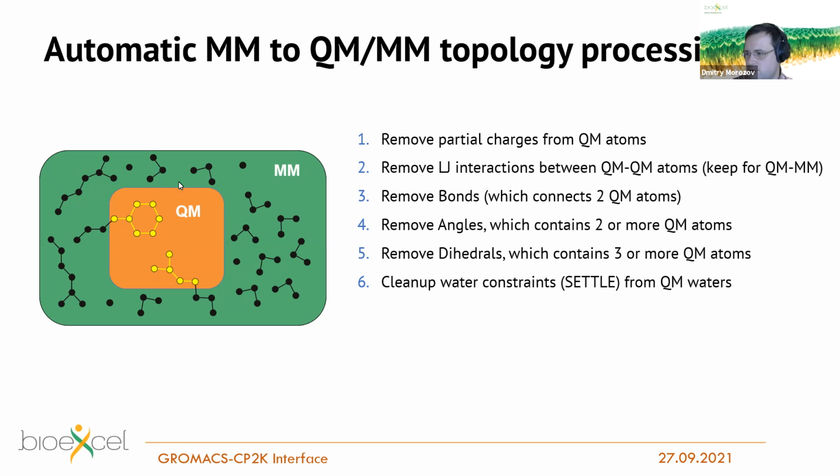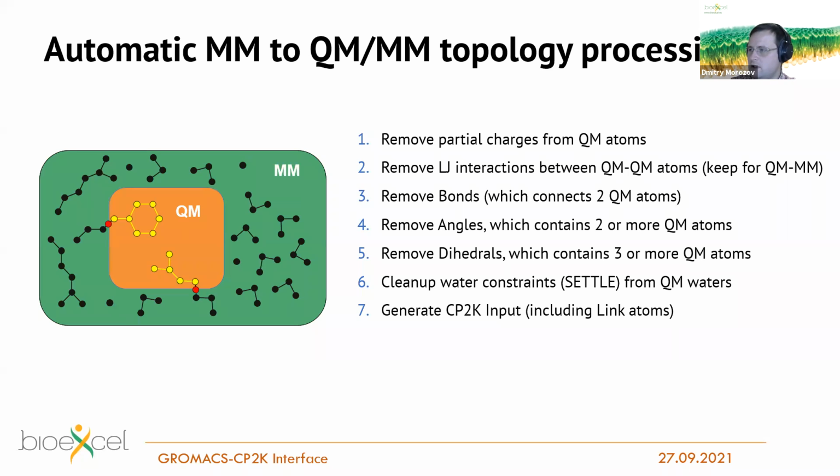We remove all angles which contain 2 or more QM atoms, and dihedrals which contain 3 or more QM atoms. Also, if some of your waters are fully inside the QM region, we remove the constraints from them. And we also generate the CP2K input file, also defining the link atoms here and here.